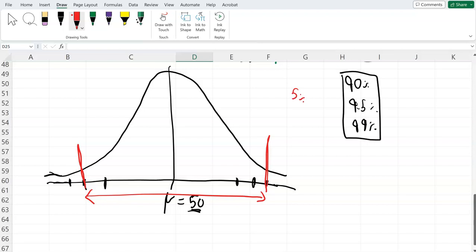Since it's on either side, 2.5% may lie on this side and 2.5% on this side. So if the true mean is 50, then 95% of the sample averages should lie between these two numbers.